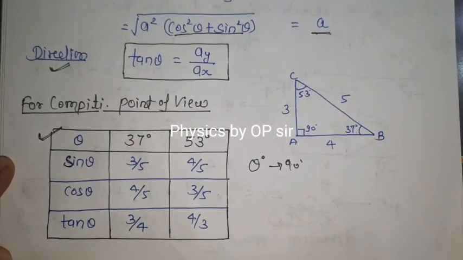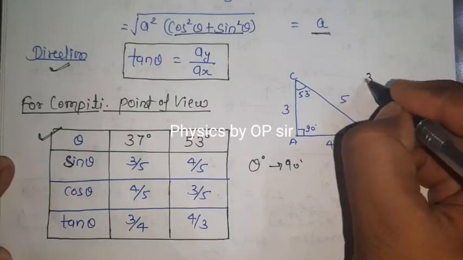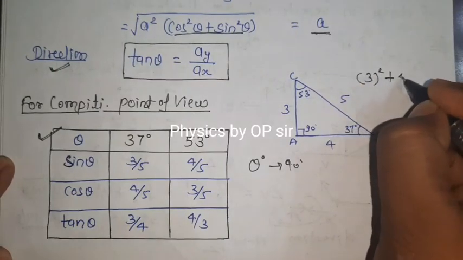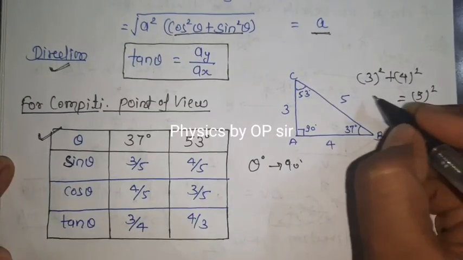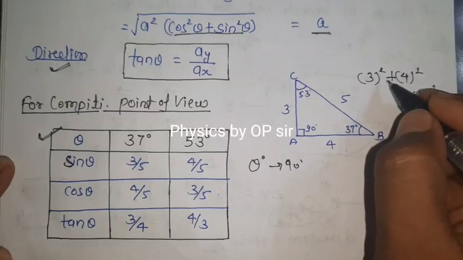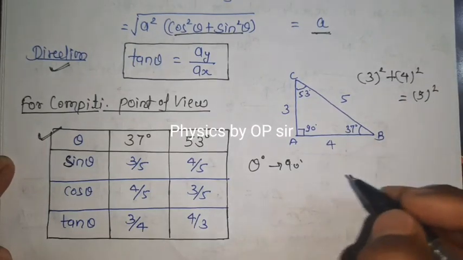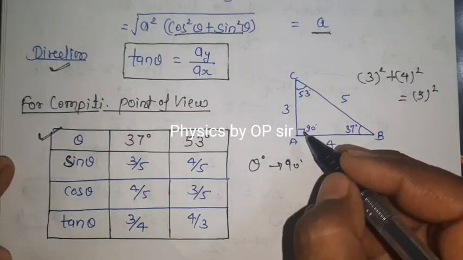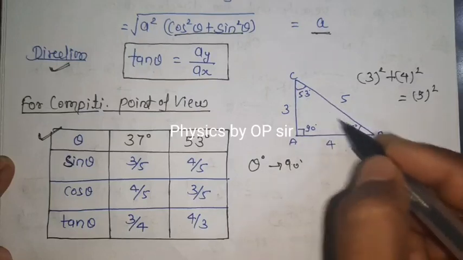But how can we use 3, 4, 5? We can put them in the Pythagoras theorem, and it satisfies it: 3 square is 9, 4 square is 16, and 9 plus 16 is 25, which is also 5 square. If one angle is 90 degree, what should be the sum of the other two angles?